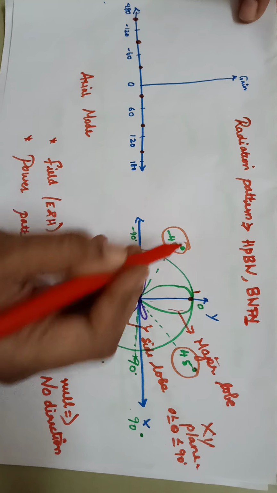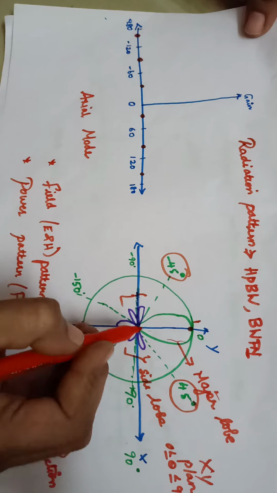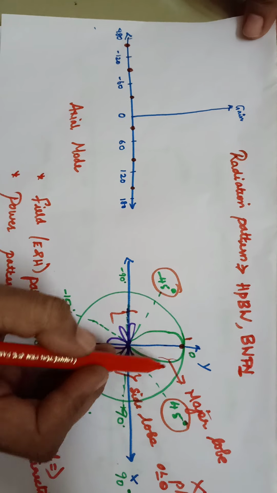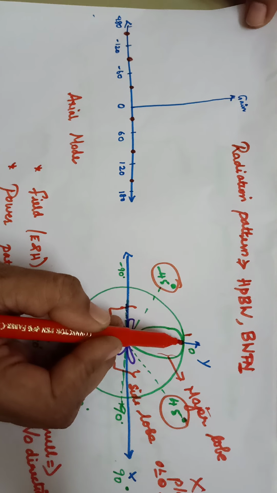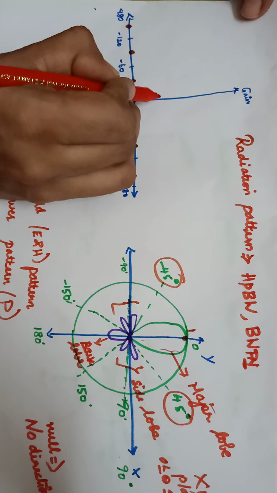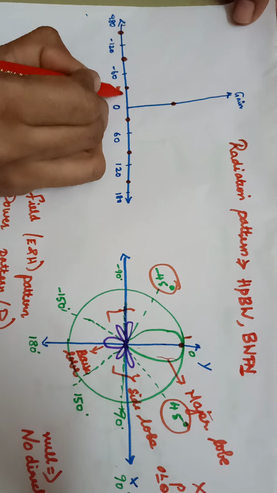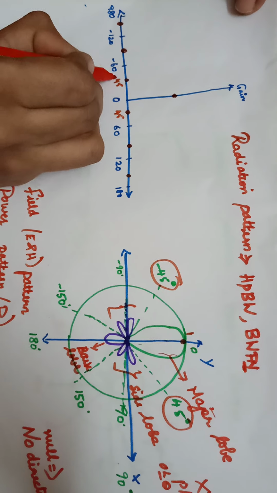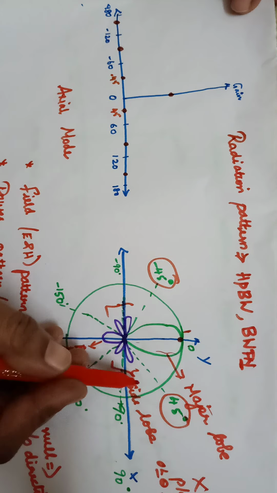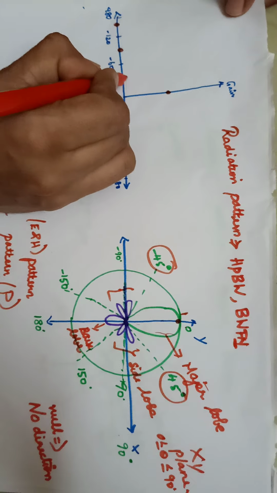Here there is no direction. And where is the maximum value? Exactly at 0 degree. So at 0 it is maximum, and at plus and minus 45 degree it is the first null.